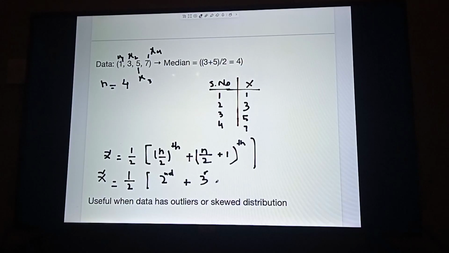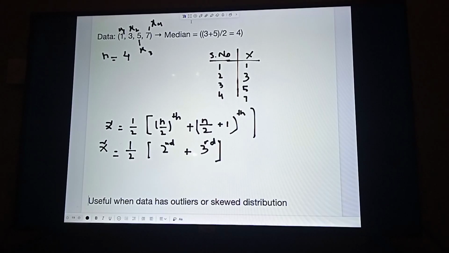So take the average of the second and third value. But you have to write the second and third value first from serial number. Identify the values, okay?